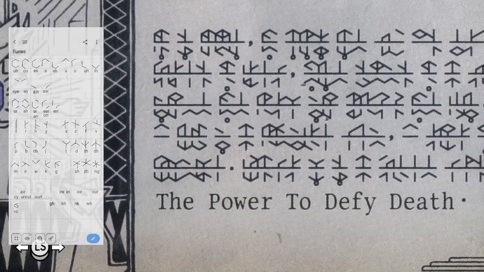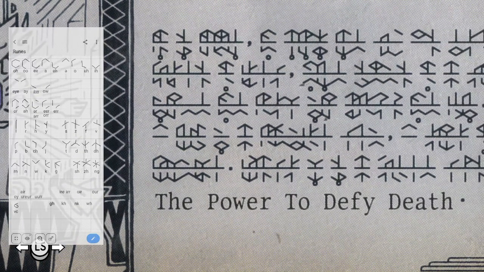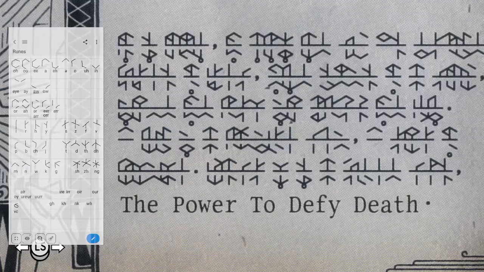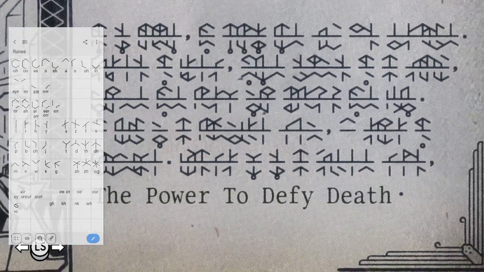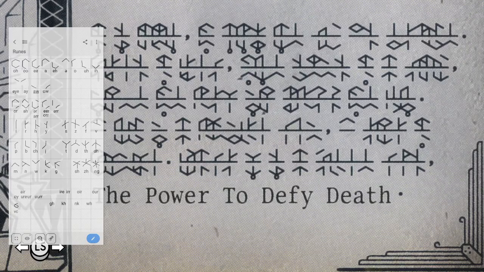Lever. In the... lever in the... I don't know, I have a lot of trouble with the R sound here.